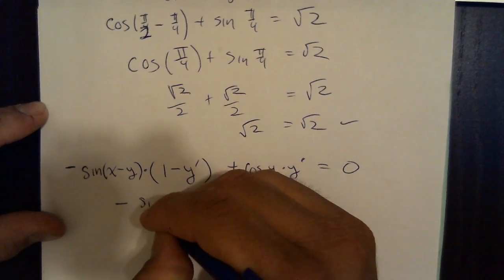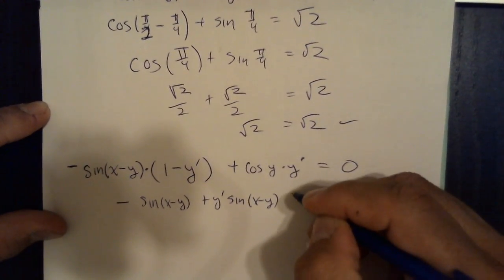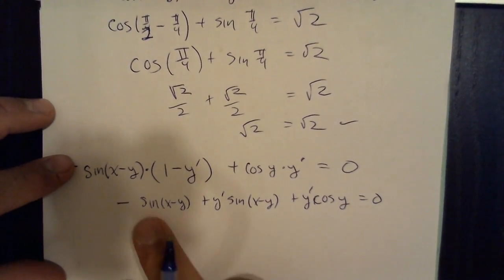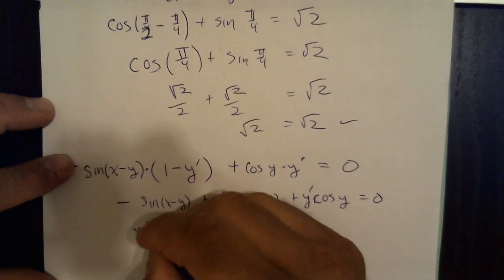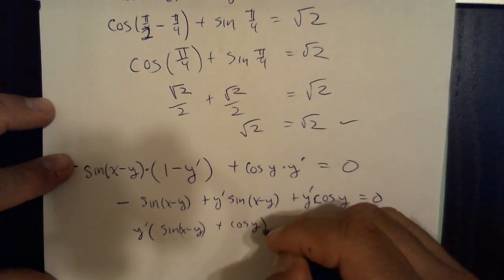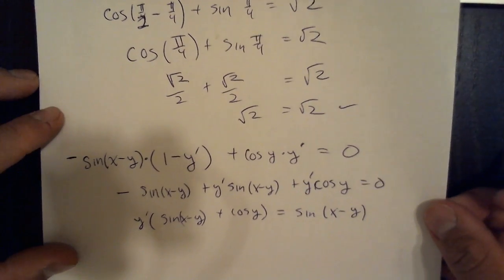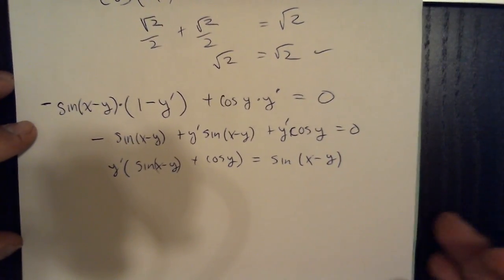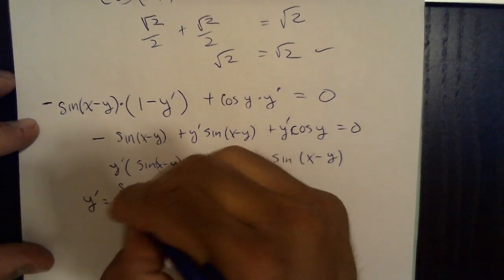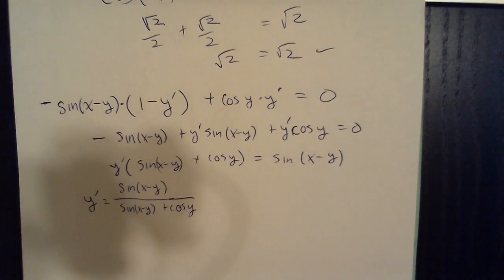So distributing here, and bringing this over, sine of x minus y, and then I'll factor out a y prime. So now we get an expression for y prime.